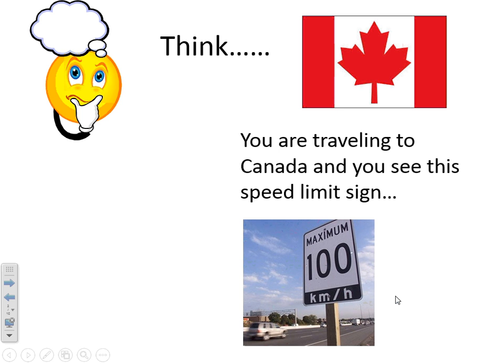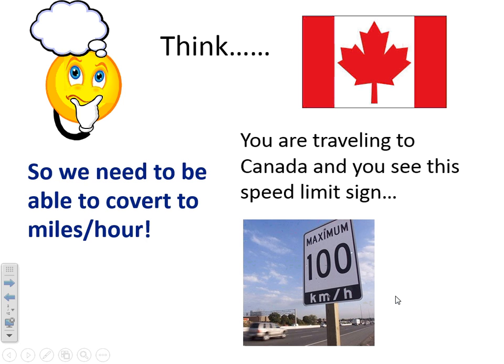But kilometers is not the same as miles, so we have to be able to convert to miles per hour. This might be one scenario where we need unit analysis. Otherwise, if you did go 100 miles an hour, you might end up getting a very hefty speeding ticket.